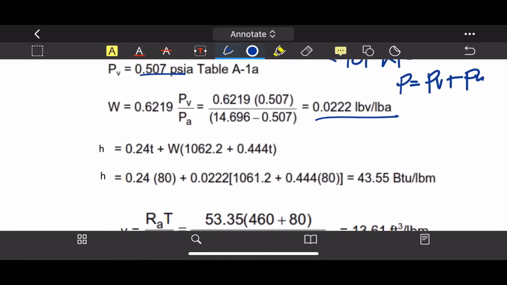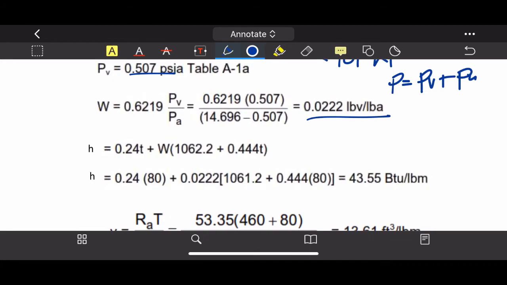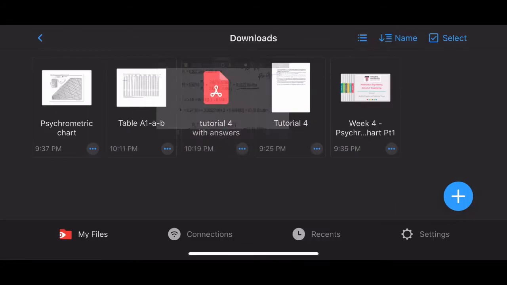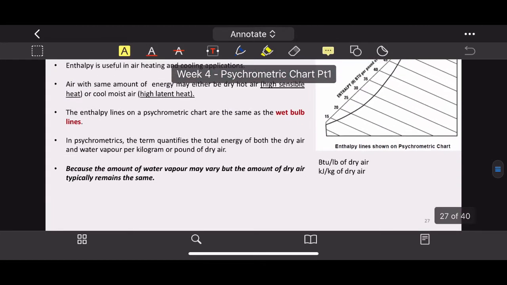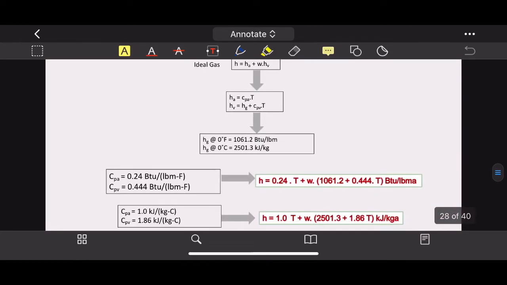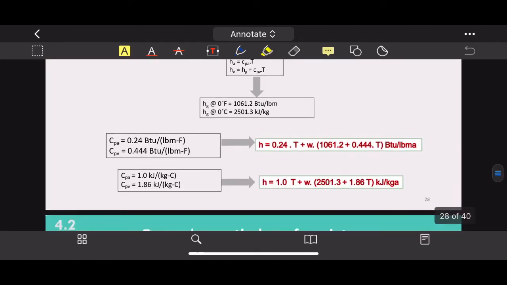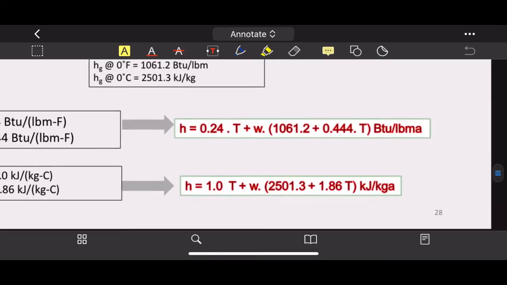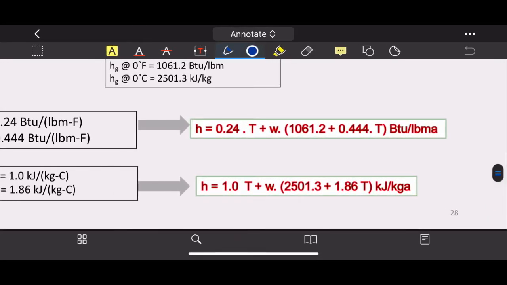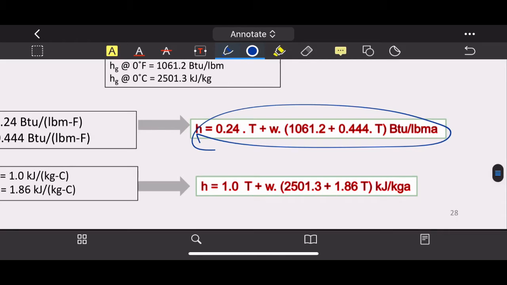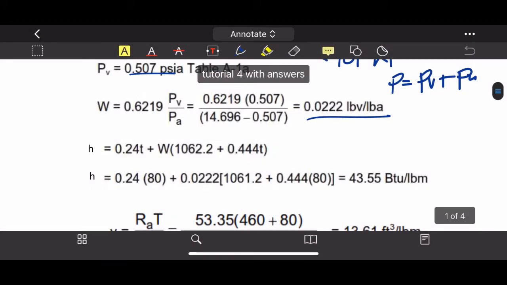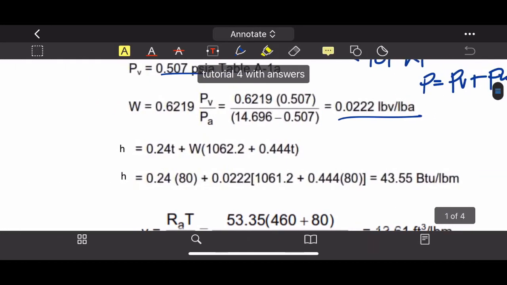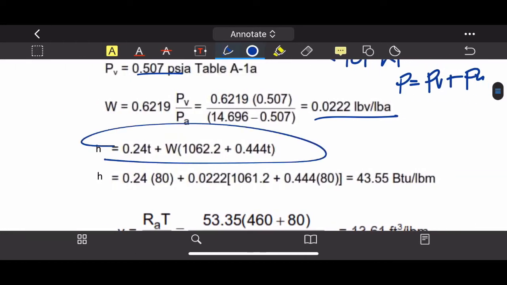Next, to find the enthalpy. Enthalpy is in the notes. So if I can open the notes here, and let's go to enthalpy, and you find the equation for both SI and English unit. Of course, I'm going to take the English unit, which is this one, right? And let's go back to our answer. There it is.